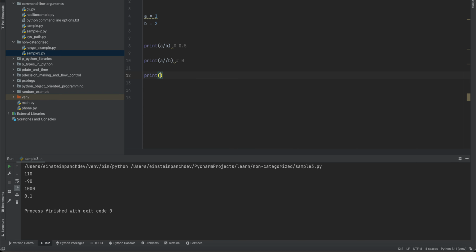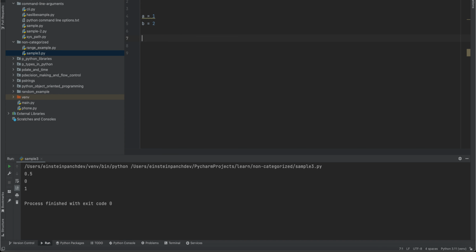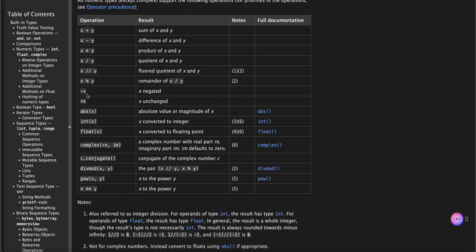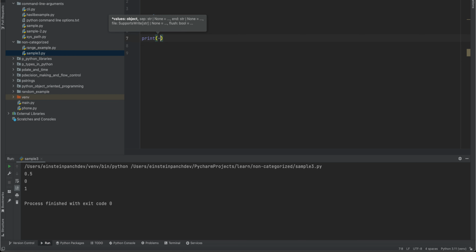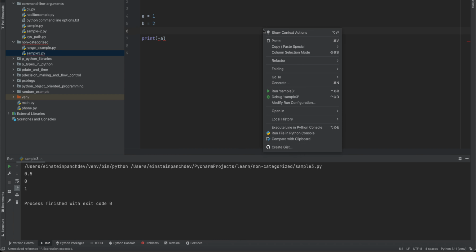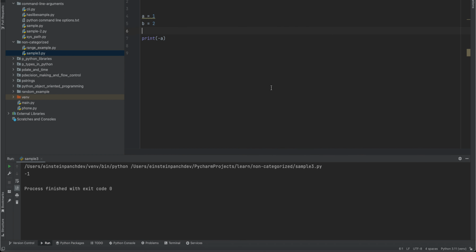Print a percent b will print 1. Okay, so this was about division. Print minus a will print minus 1.